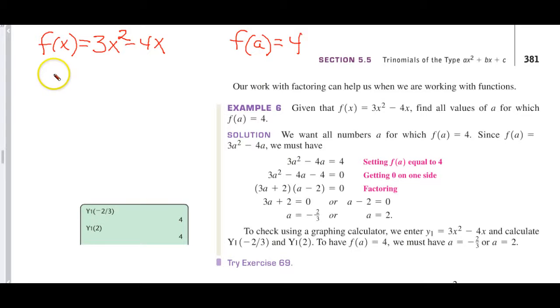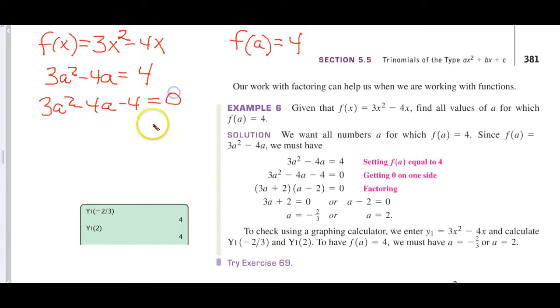And we're going to end up with something like this: 3a squared minus 4a equals our 4 over here. So what do we need to do? Well, put this in standard form. So we get 3a squared minus 4a minus 4 equals 0. We now have it in standard form of the quadratic equation.